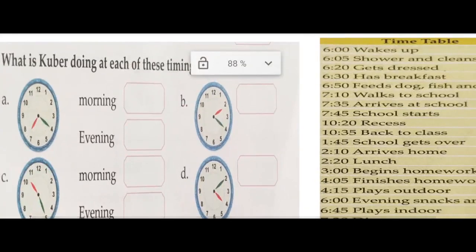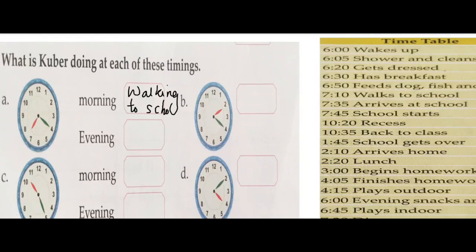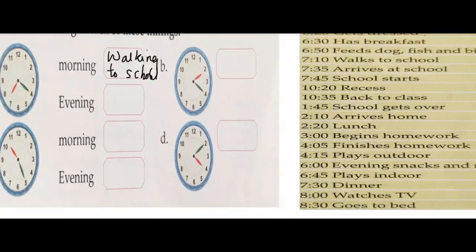So in the morning he is walking to school. You have to write in very small handwriting. And in the evening at 7:20 he is playing indoor. Yes, so you will write he plays indoor.